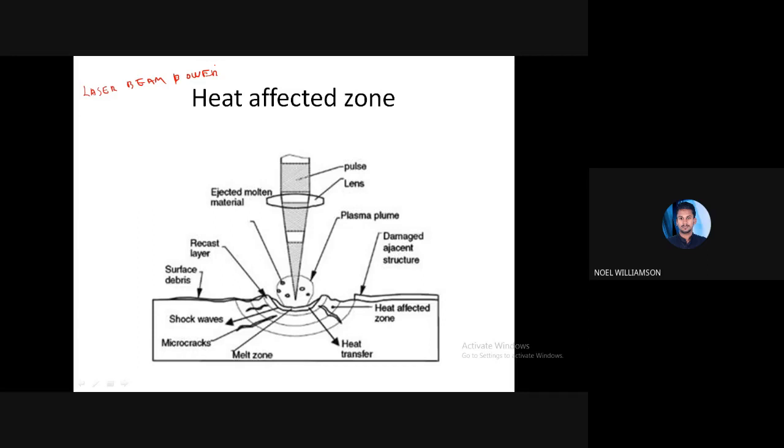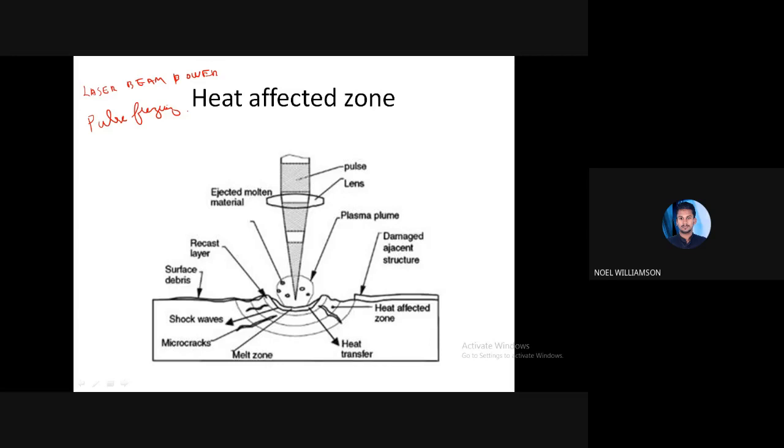As a result, the heat affected zone will also increase. Similarly, with pulse frequency, since the machining is done by pulses, if the pulse frequency increases, HAZ also increases.